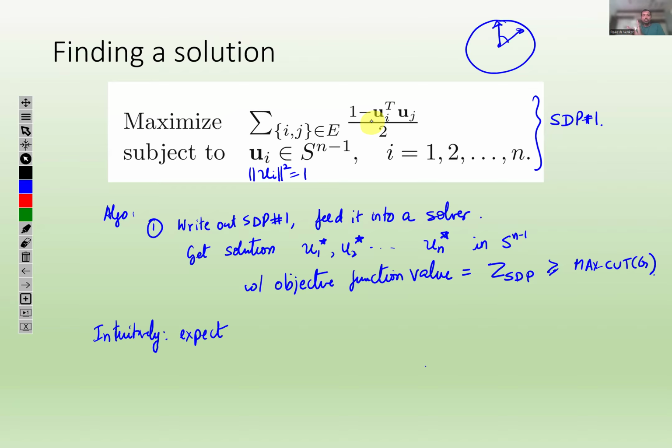How far can I push the edges apart so that the sum over the edges is as high as possible? So what you would expect is that if there's an edge between i and j, okay, that was supposed to be cut, then the SDP would have kept these two vectors as far apart as possible on the unit sphere.